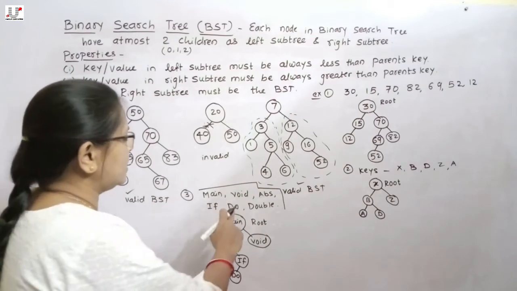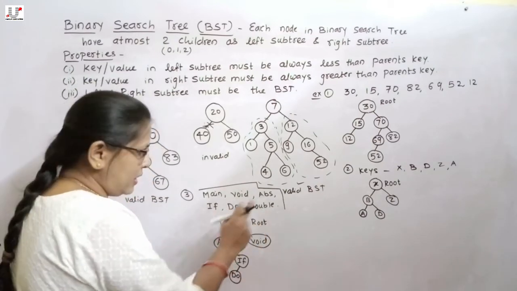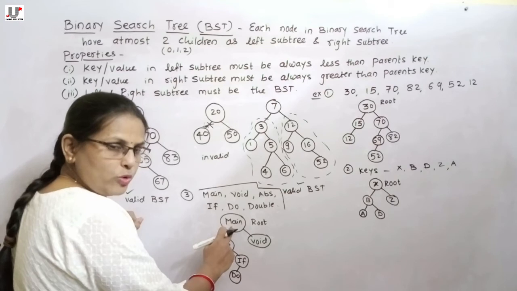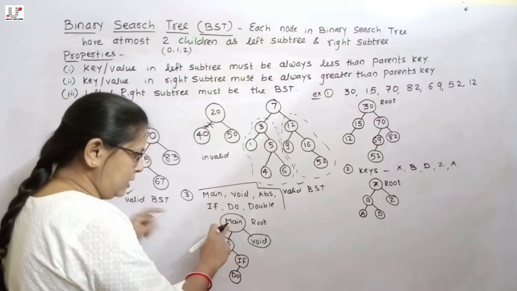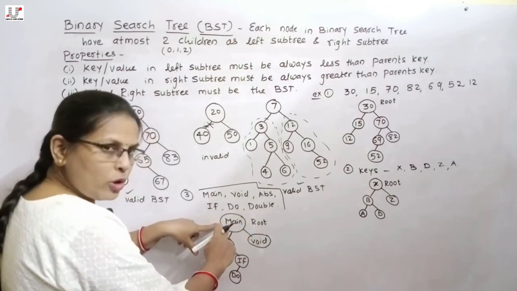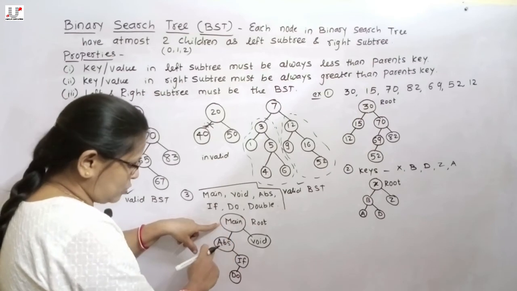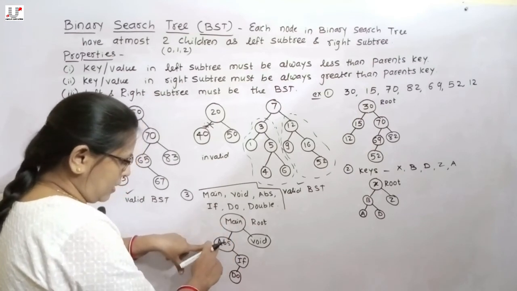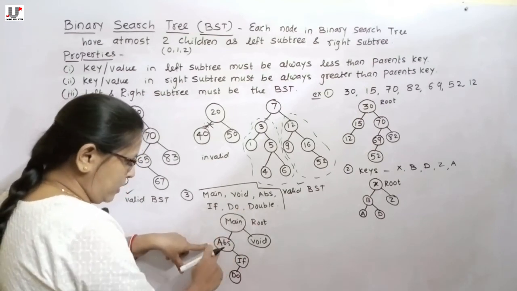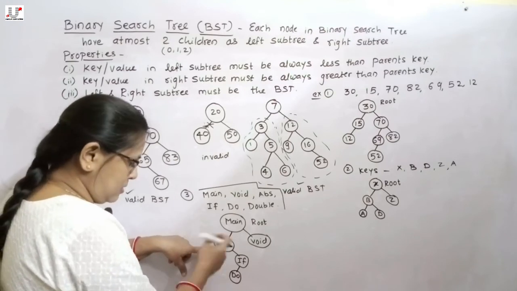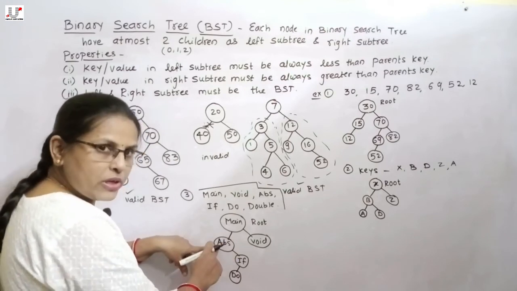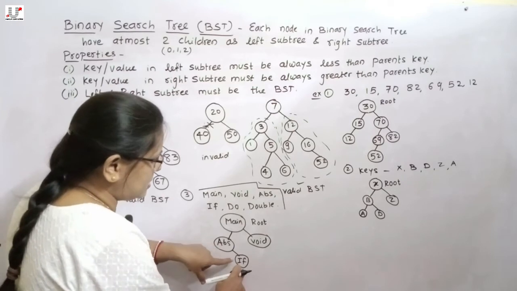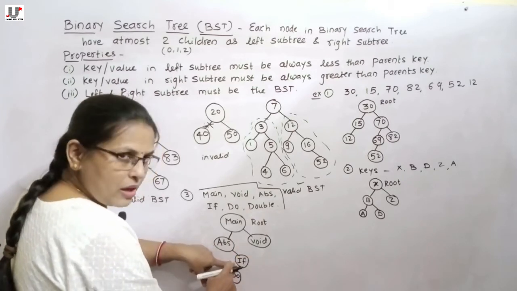The next one is DOUBLE. Double gets compared with the root node first, with main, and as D lies before M, move to left. Compare that DOUBLE, meaning D, with A. D lies after A, so move to right. Compare that DOUBLE with IF.